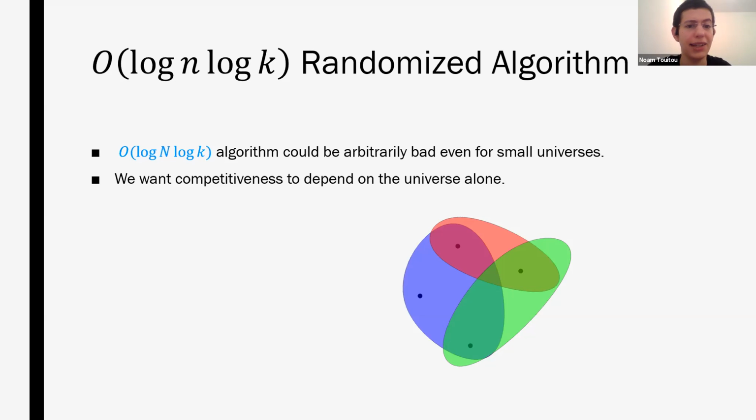So small n and k depend on the universe, but capital N is the number of requests, which might be arbitrarily large and thus obtain a very bad competitive ratio even for a very small universe. So we would like our competitiveness to depend on the universe alone, and in modifying the rounding, as we're going to see, we're going to obtain this result.